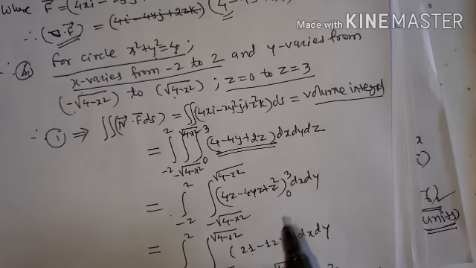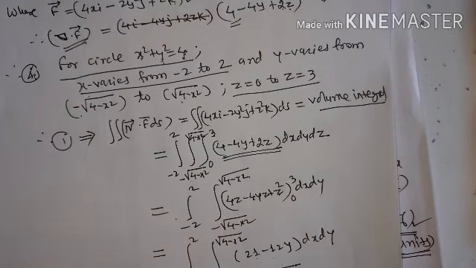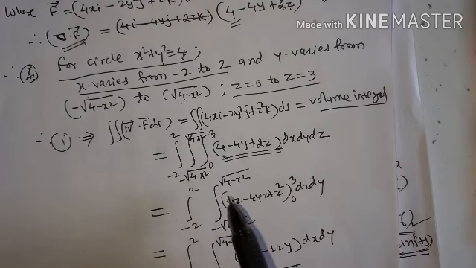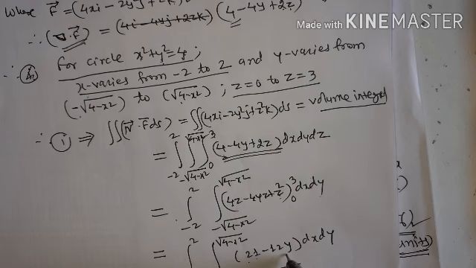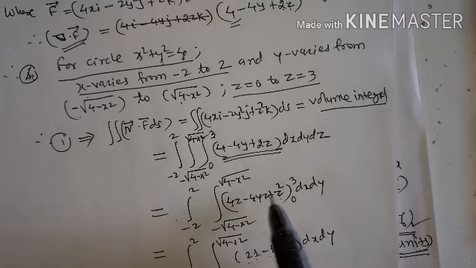Now here also we will integrate as seen in the previous example. First integrate with respect to z, then put the limits for z. If I put the limits for z, I will get 21 minus 12y. So it is 4z minus 4yz plus z square.